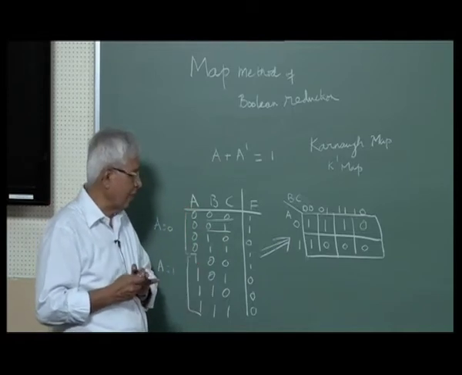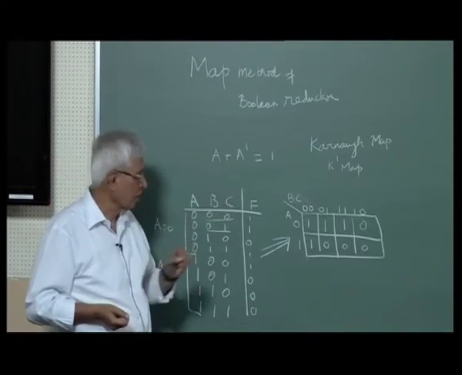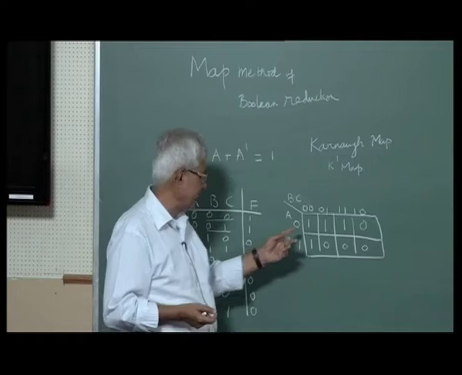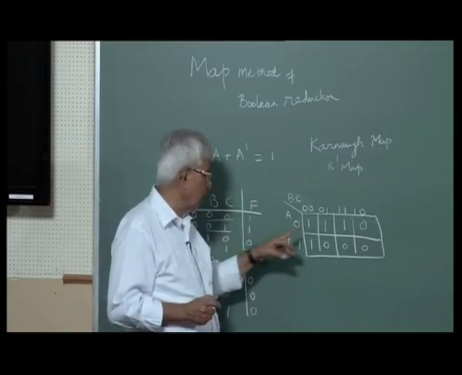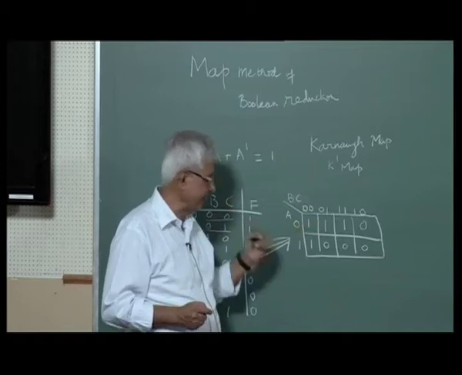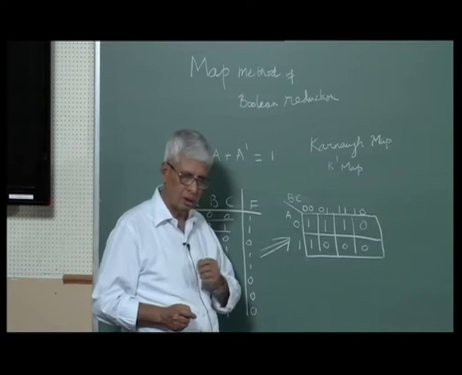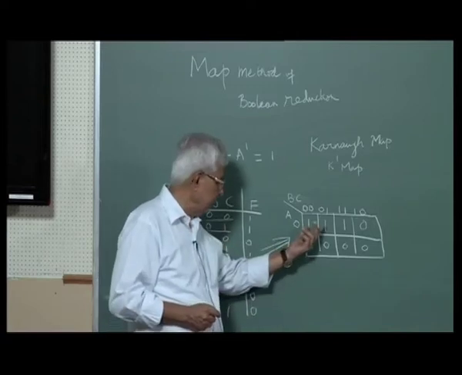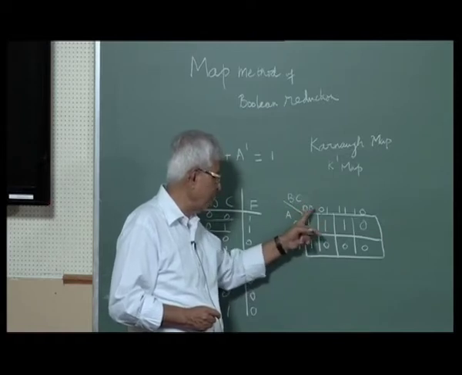Now, what is the advantage? Because we have this rule A plus A bar is 1, you will find here in this map one very interesting property. Between 2 adjacent squares or 2 adjacent cells, only one variable is different.